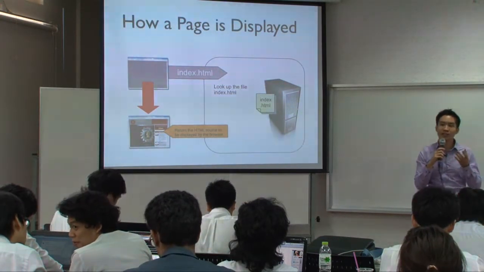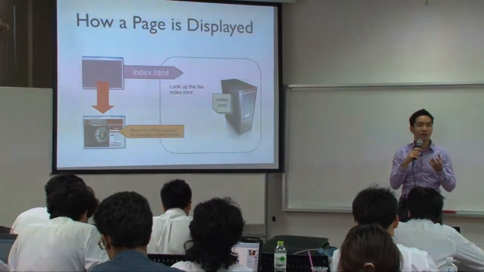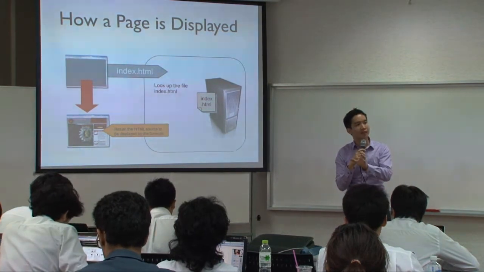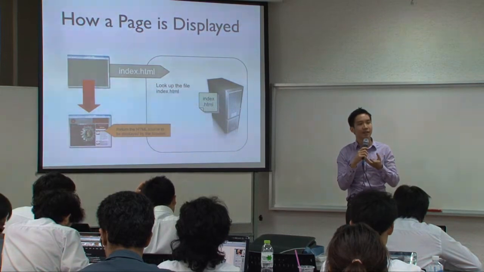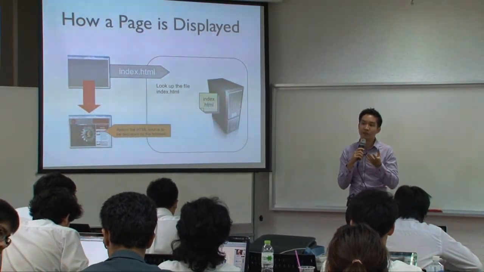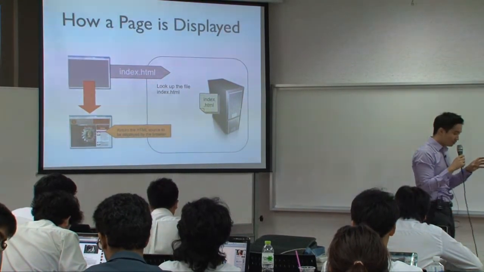So in a nutshell, this is how websites work, right? You type something in, the web browser makes contact with the web server, which understands your request, and then it returns the requested document or web page to you, and then it is displayed on the web browser.